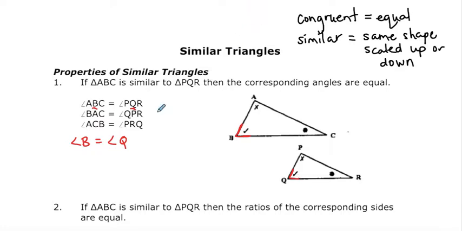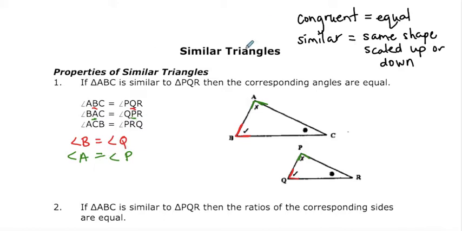And then the next one is angle BAC is equal to angle QPR. So angle A is equal to angle P. So that's these ones right here. And you can see how just using this single letter convention is a lot easier to understand and to figure out rather than using all three letters.